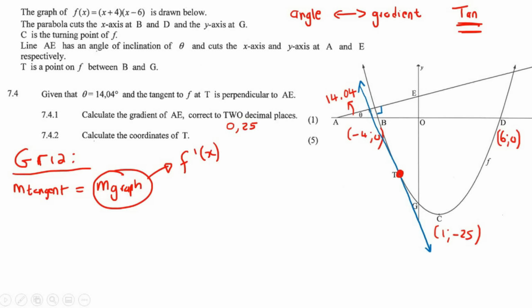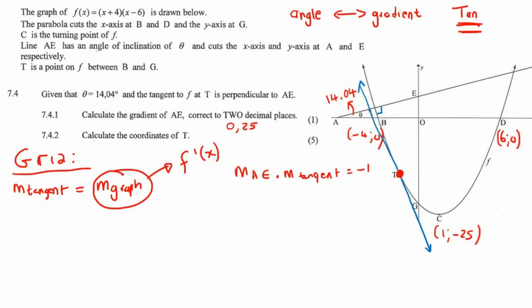That's pretty easy. We know that when two lines are perpendicular, or at 90 degrees, which they told us here, then when you multiply their two gradients, the gradient of AE multiplied by the gradient of the tangent, you get -1, because that's perpendicular.